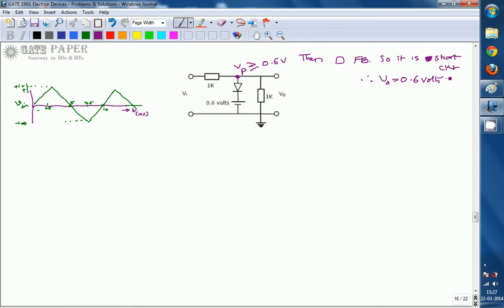But the input waveform has a peak voltage of plus 1 volt only. For plus 1 volt, are you going to get 0.6 volts at the P side of the diode? That we are going to check now.